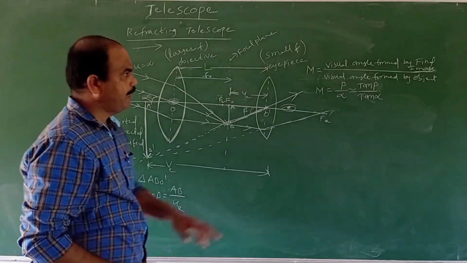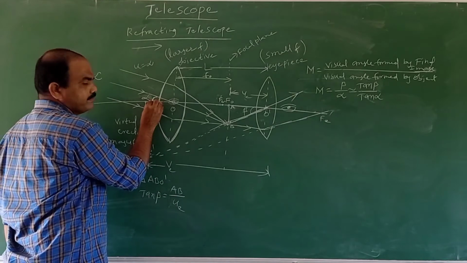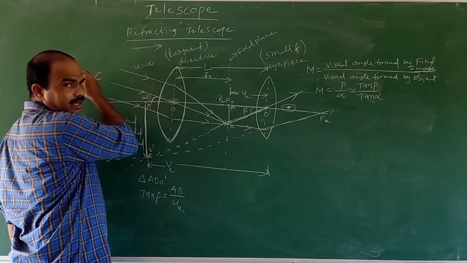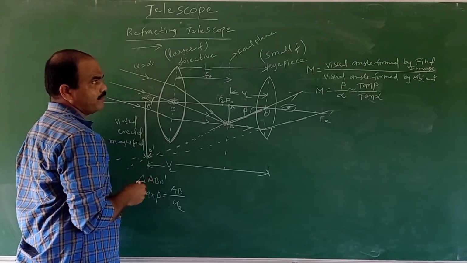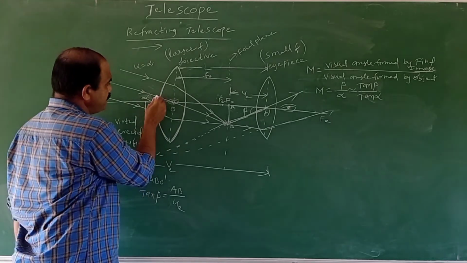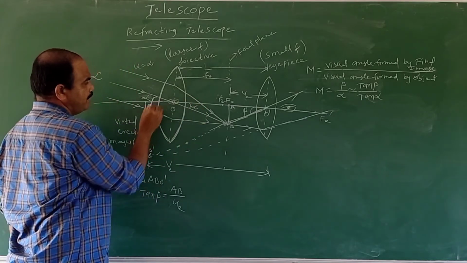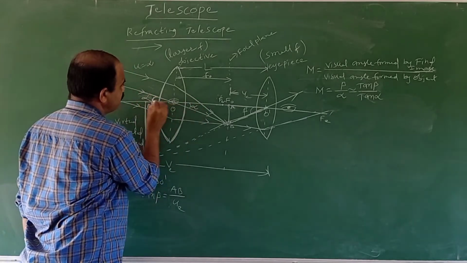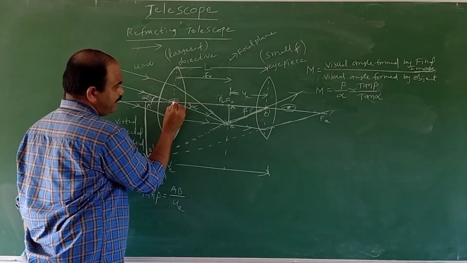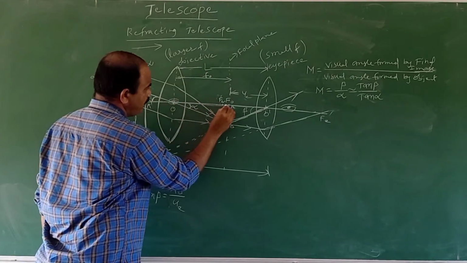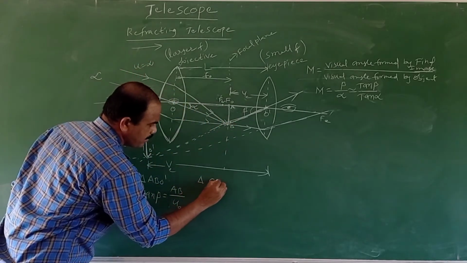Again, to find tan alpha, what is alpha? This is the angle made by the object at our eye when we imagine the eye is at the optic center of the objective. If this is alpha, this is also alpha. To find tan alpha, I am taking another triangle, OAB.